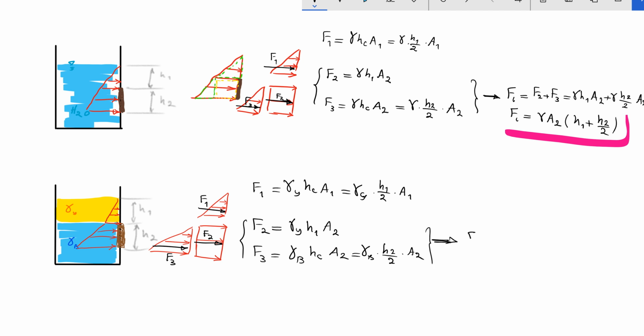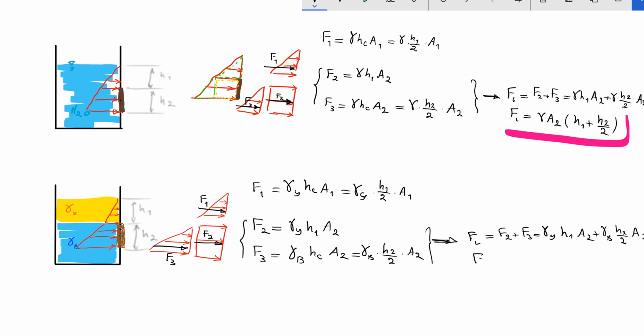Now let's combine F2 and F3 and see what is going to happen if we combine. For the lower part, it is going to be F2 plus F3, gamma Y H1 A2 plus gamma B H2 half A2.